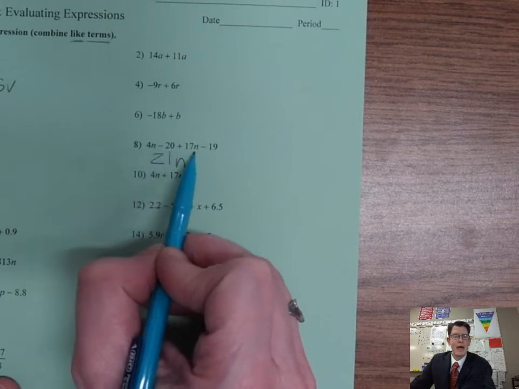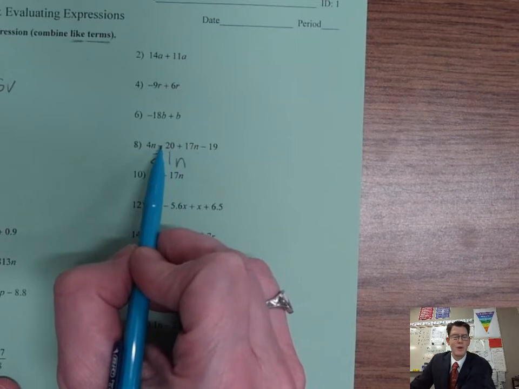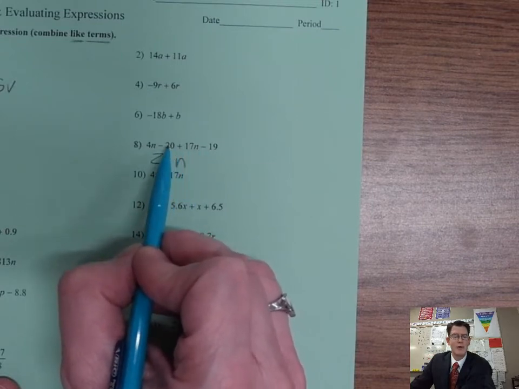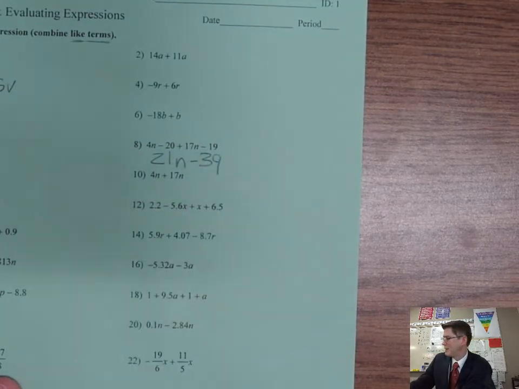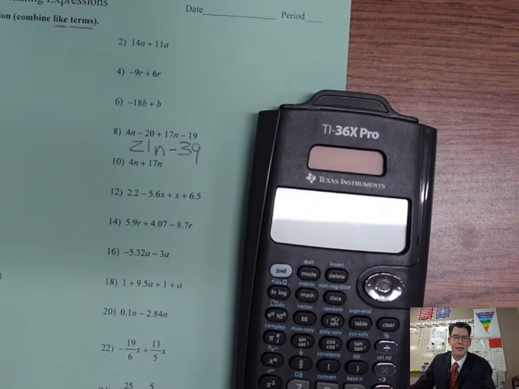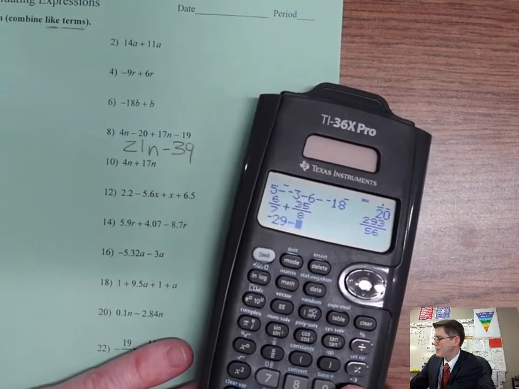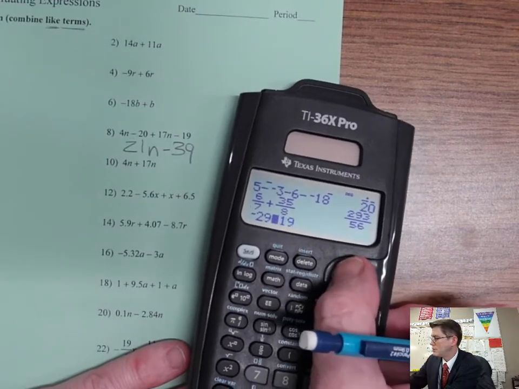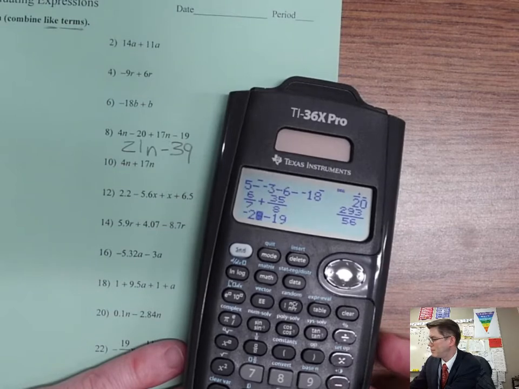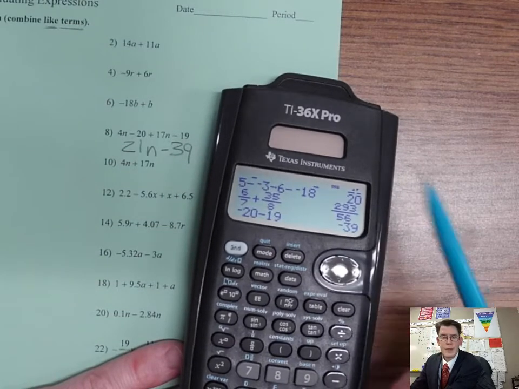And then if I minus 20 and minus 19, on your calculator you can enter a negative 20 minus 19, and you end up at negative 39.